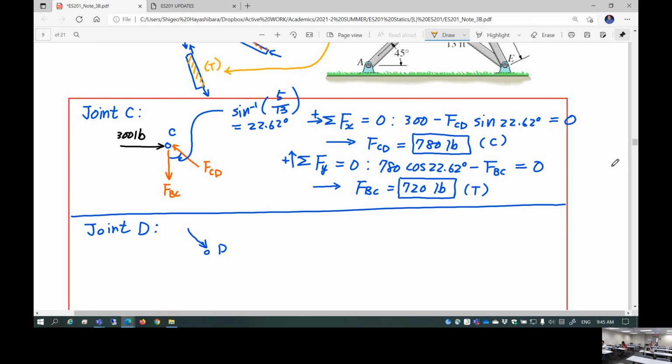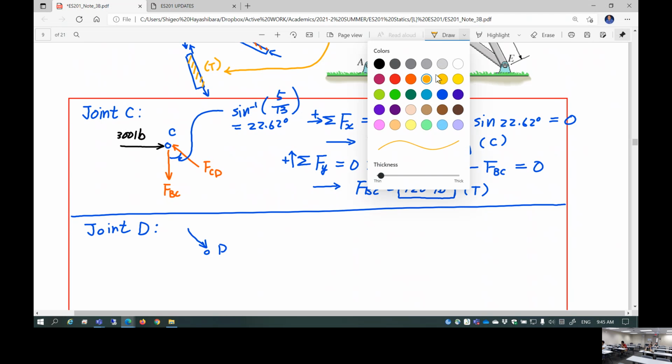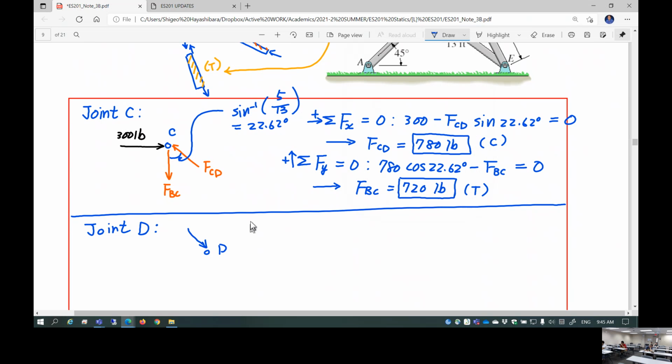The next step is joint D. This is two members creating joint D, and we know this is FDC, which is equal to FCD, which we found to be 780 pounds tensile, not compressive, sorry.